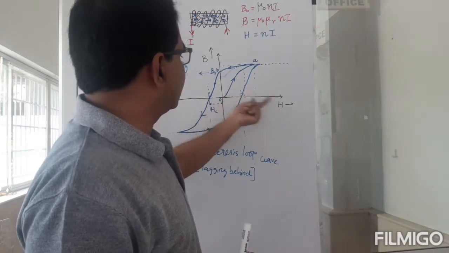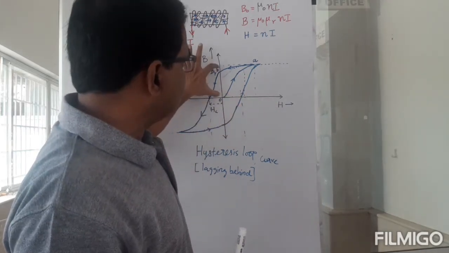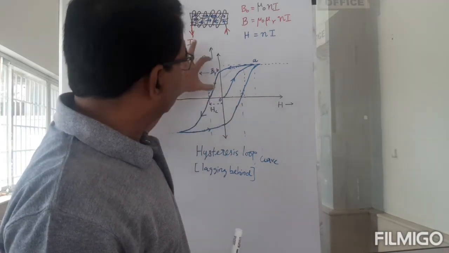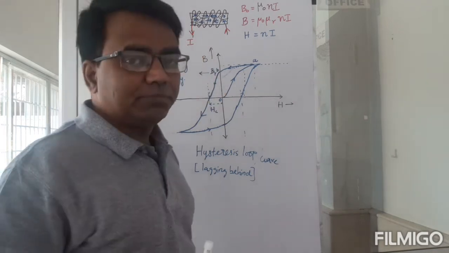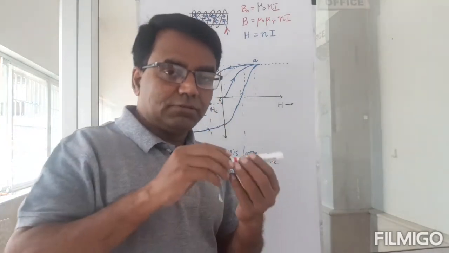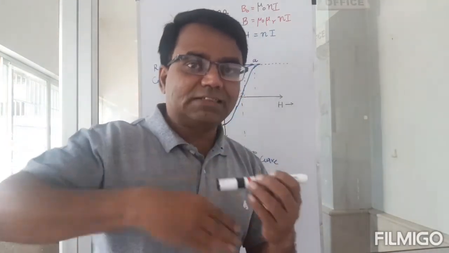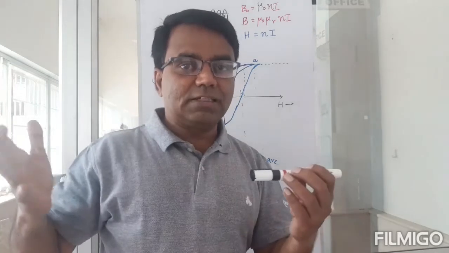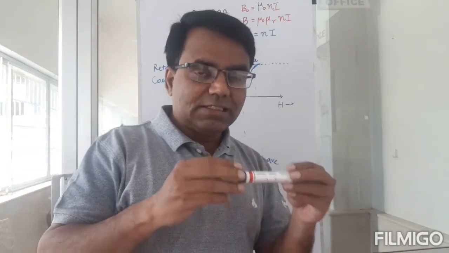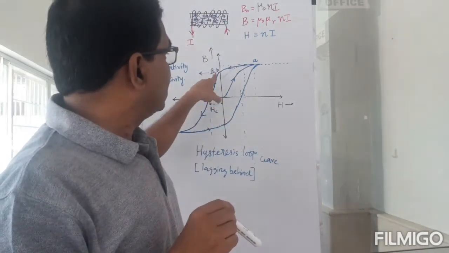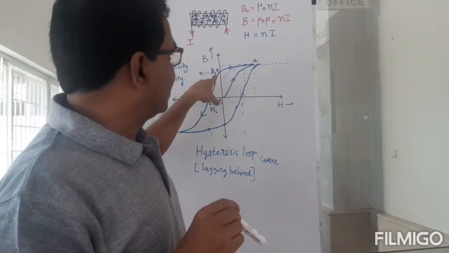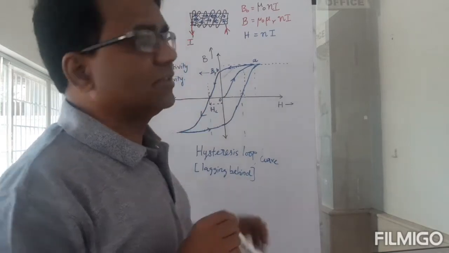When I is 0, when H is 0, what is the value of the magnetic field strength? That is retentivity. You take a ferromagnetic piece and magnetize it, and then you stop magnetizing, then it is going to retain some of the magnetism. That value of B, the magnetic field strength, is retentivity.